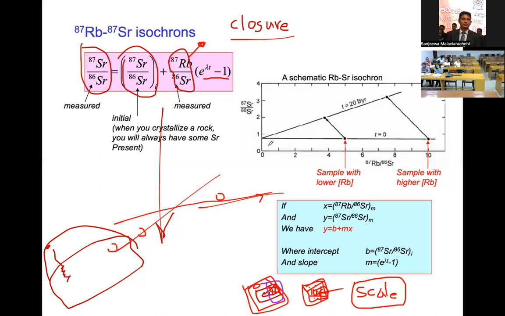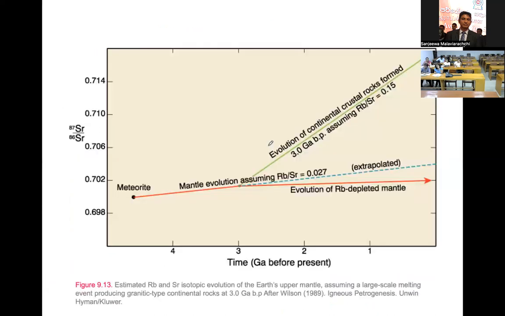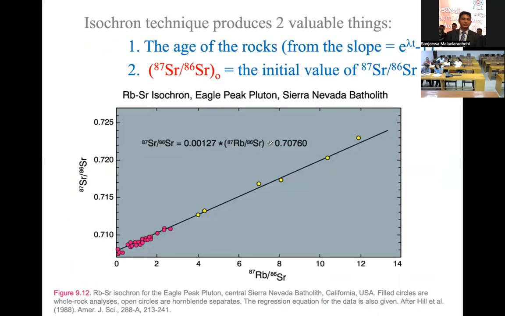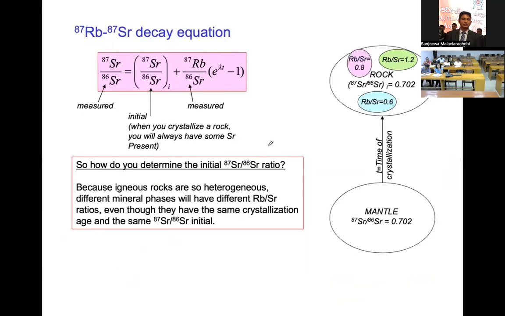Okay, so these are the things that we discussed about the rubidium-strontium isotopic systematics. And remember compatibility, incompatibility. When a rock crystallizes, each mineral can have different rubidium-strontium ratios. The reason is rubidium will be going to the melt in different proportions.